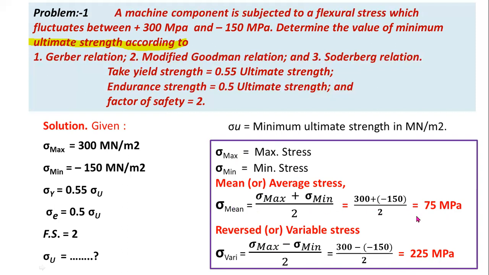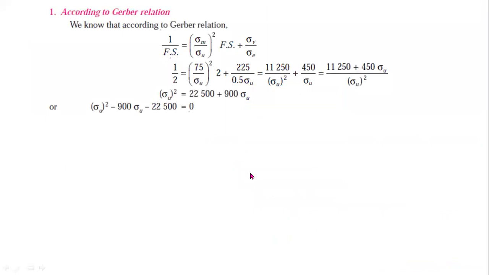By using these two values, you can determine the value of sigma u by using 3 different methods. First method, according to Gerber equation, 1 by fs equal to (sigma m by sigma u) whole square into fs plus sigma v by sigma e. Already we determined sigma m equal to 75 and sigma v equal to 225.